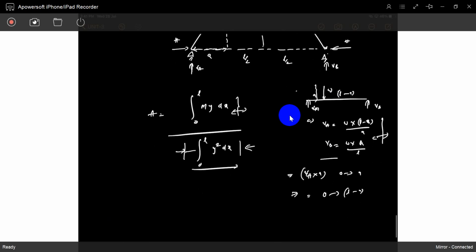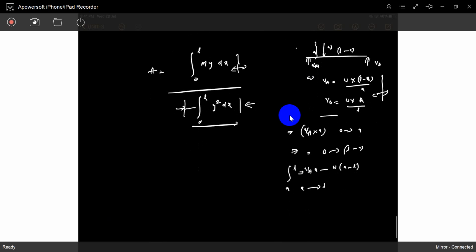That's why you choose VA into X minus W into X minus A, written from A to L, integration from A to L. You can write down the equation and solve it. No need to do the same type of equations again.